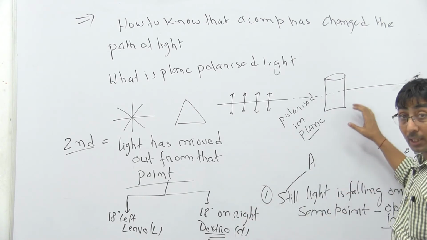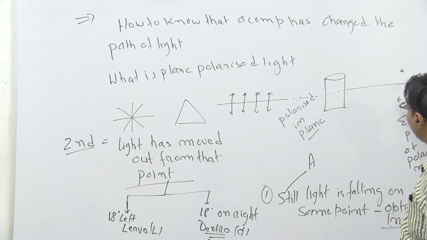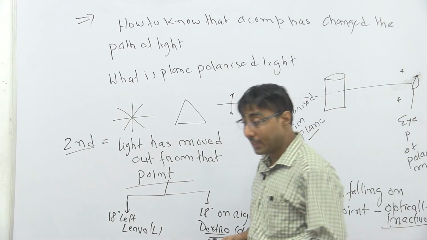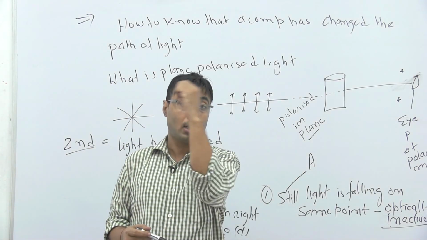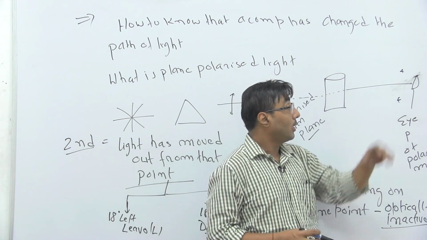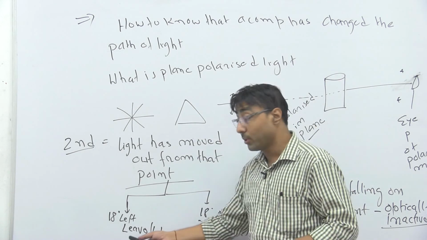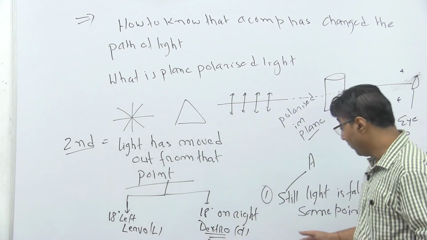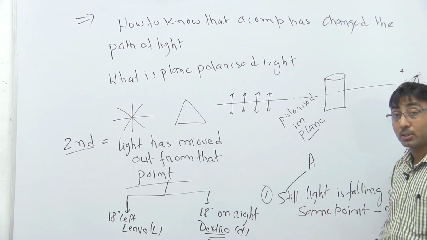But if the light does not fall at the same point, it can go to this place or to this place. In that case, we have to rotate the polarimeter like this or like this. If we rotate the polarimeter to the left hand side, it is known as levorotatory. If we rotate it to the right hand side, it is known as dextrorotatory.